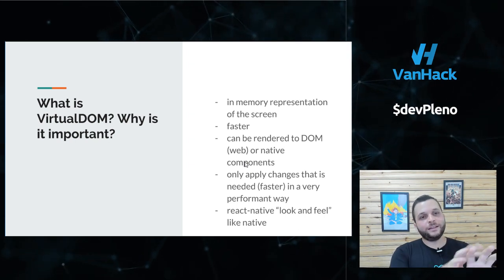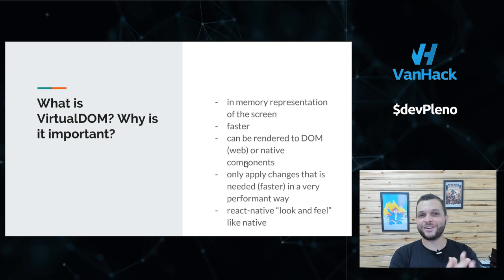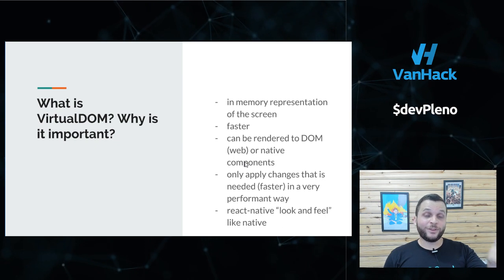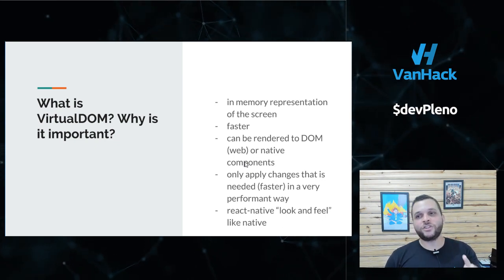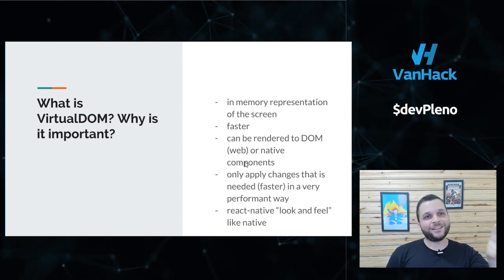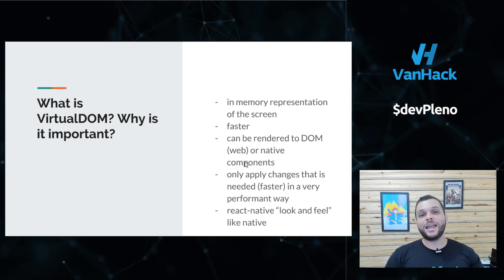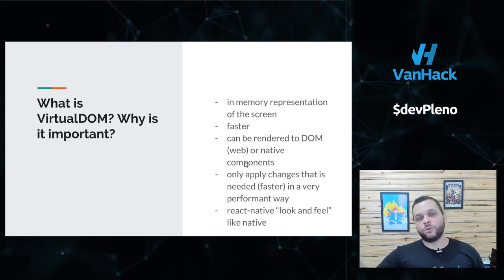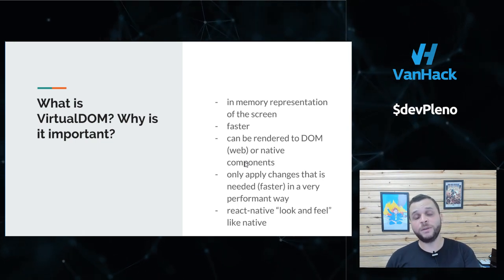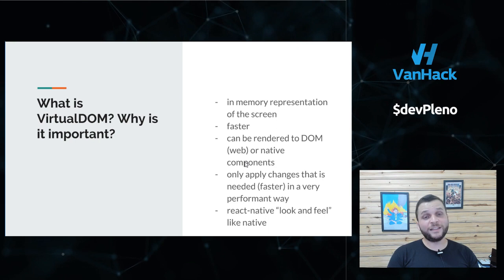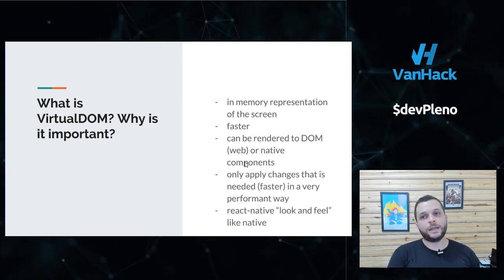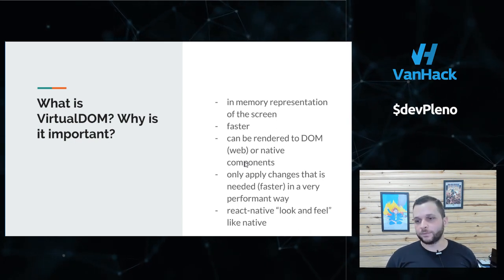So for example, there are some approaches, some ways of changing the real DOM based on the mutations of the virtual DOM that are faster than changing the DOM itself. So it's better to do this. For example, mutate the virtual DOM first and later apply those changes in the real DOM. So it's cheaper in resource consumption, for example, and it's faster. So that's why it's so nice to use React in mobile devices or in web platform.